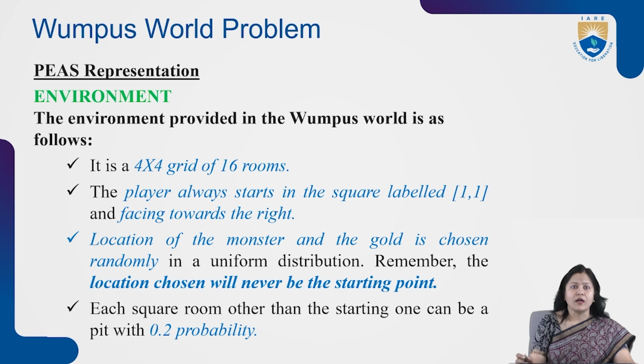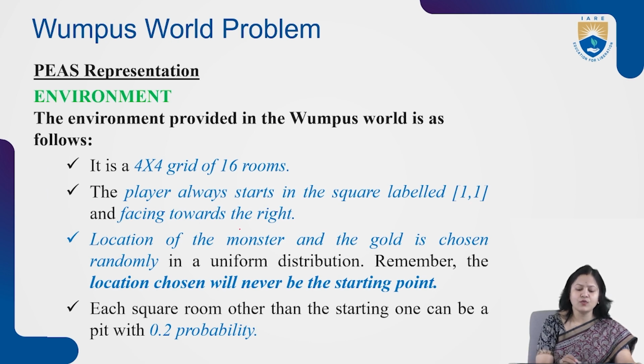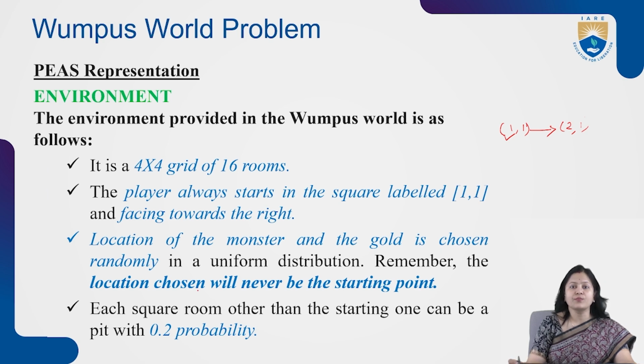The player always starts in the square labeled 1-1 and faces towards the right. That means the agent has to start from this 1-1 location, then it will move towards the right, which is nothing but the 2-1 location. The location of the monster and the gold is chosen randomly in a uniform distribution.